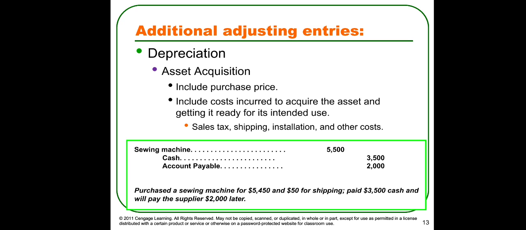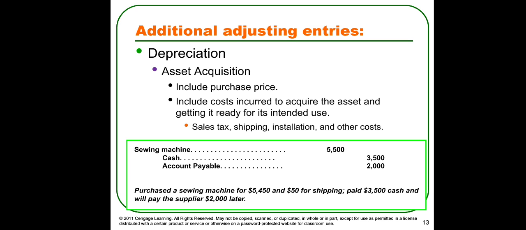Purchase a sewing machine for 5,450 and $50 is charged for shipping, and then paid 3,500 cash and will pay the supplier $2,000 later. So how to record if the scenario is like this? The first thing is the business purchased a sewing machine. The price of the sewing machine is 5,450.